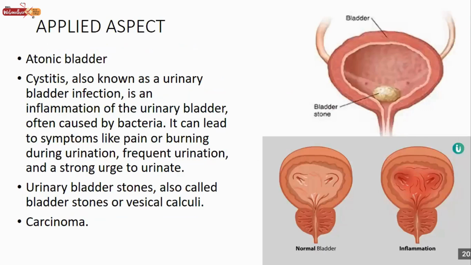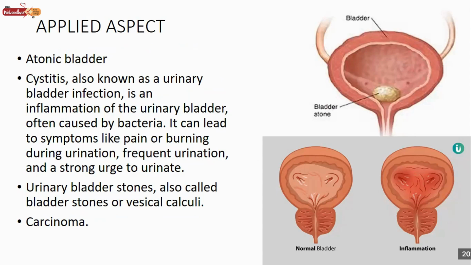The applied aspect of the bladder: one is the atonic bladder. Tone is lost, so it goes on distending. The next important condition, very commonly encountered, is cystitis of the bladder.